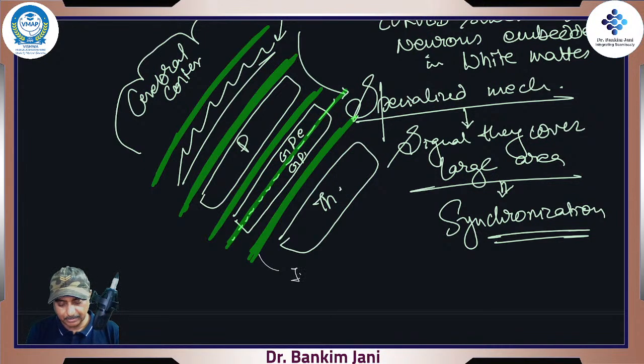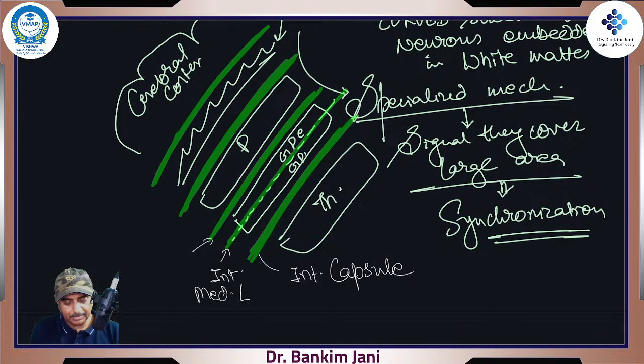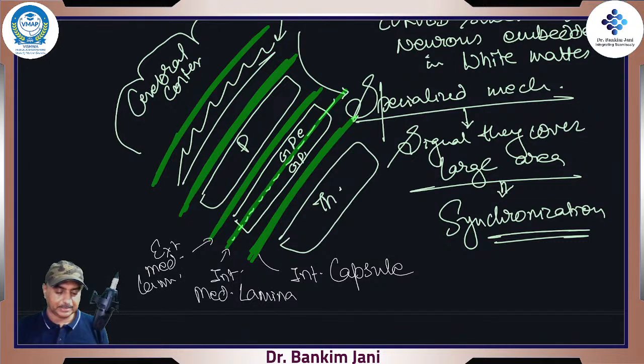So yes, we have the internal capsule. After that internal capsule, this and this, they are the medullary lamina. So we have the internal medullary lamina, which is between globus pallidus external and globus pallidus internal. After that, we have the external medullary lamina, which is between the putamen and the globus pallidus.